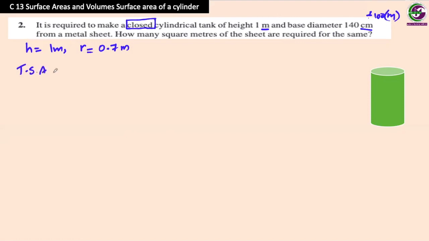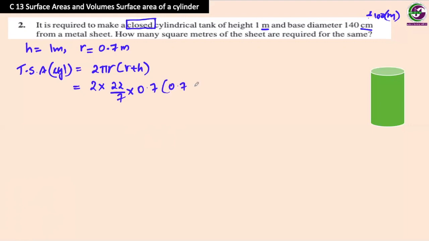Total surface area of a cylinder is equal to 2 pi r (r plus h), which is equal to 2 times 22 by 7 times radius 0.7 times (0.7 plus the height, 1 meter).